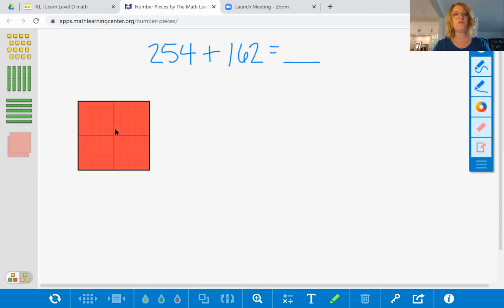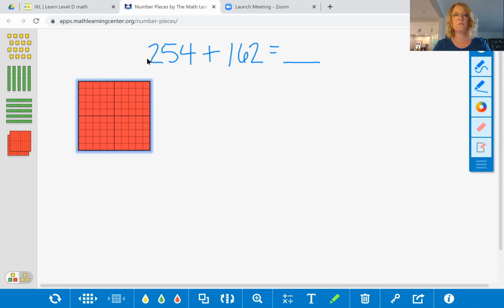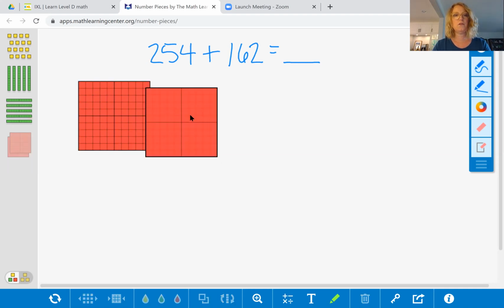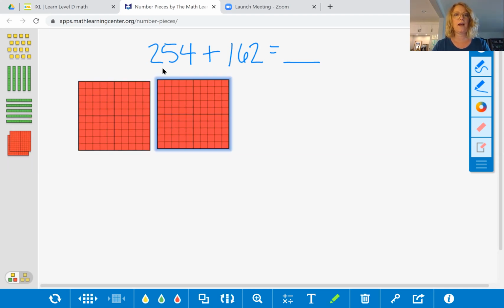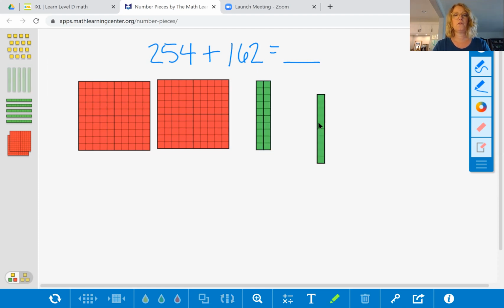So let's build 254. 100, 200, and now I need how many tens? 5 tens. 1, 2, 3, 4, 5.